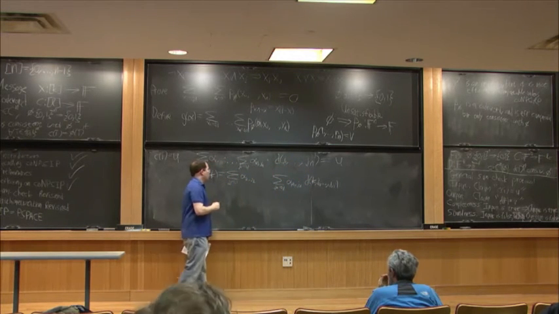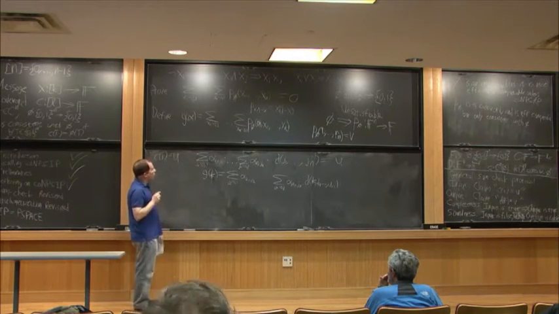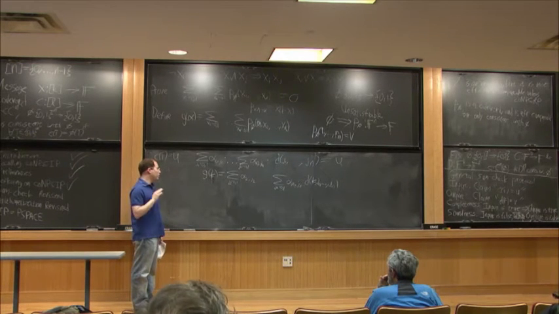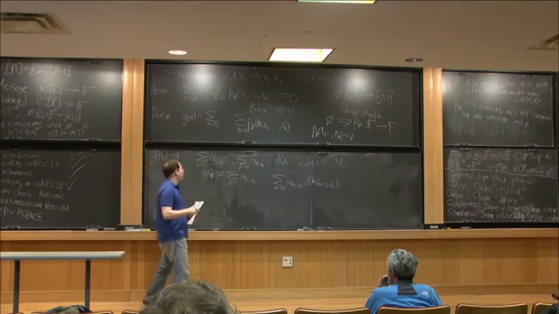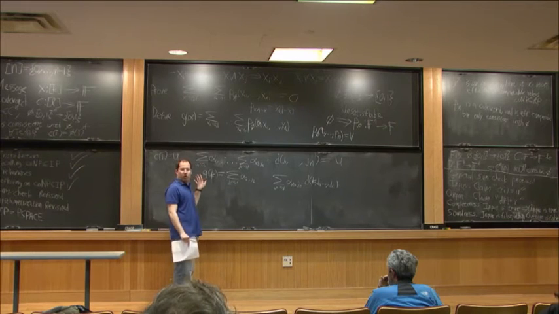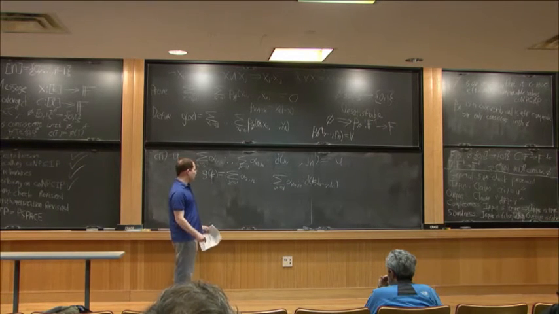Now the second technical claim that I'm not going to prove, but it's not hard to prove, is that G is a code word of D. Just as before G was a low degree polynomial, now it's a code word of D. Why is that?